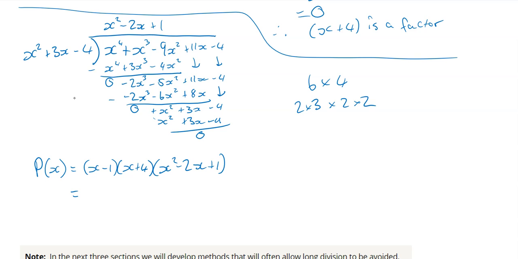So that's an interesting point. We've got x minus 1, x plus 4, and this does multiply out to be x minus 1 squared, which gives us x minus 1 cubed, x plus 4.